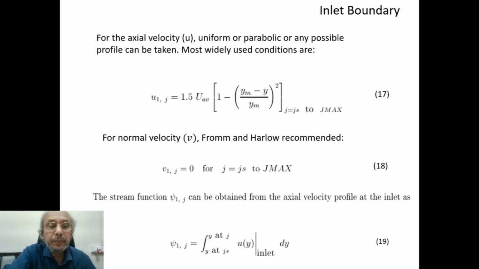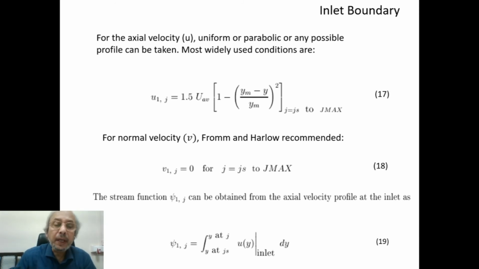Now we have to specify the normal velocity, that means the v velocity. And we can follow the recommendations of Fromm and Harlow. I have already mentioned they were the first to model successfully using the stream function vorticity approach. And here Vij equal to 0.